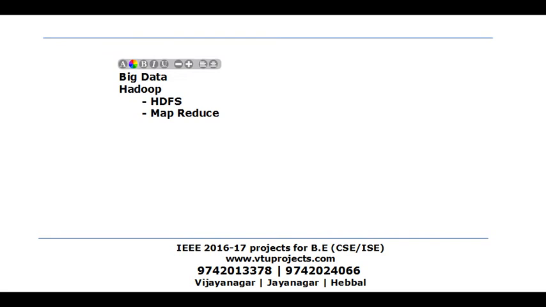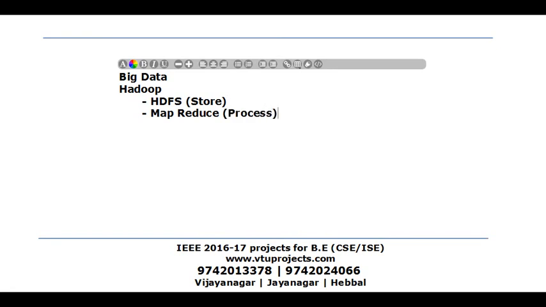I'll be explaining what HDFS is and what MapReduce is, but before that, a one-line summary. Hadoop provides the capability to store the data and process the data. HDFS will be used to store the data, whereas MapReduce will be used to process the data.